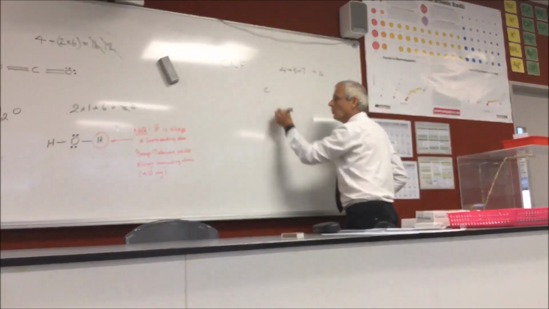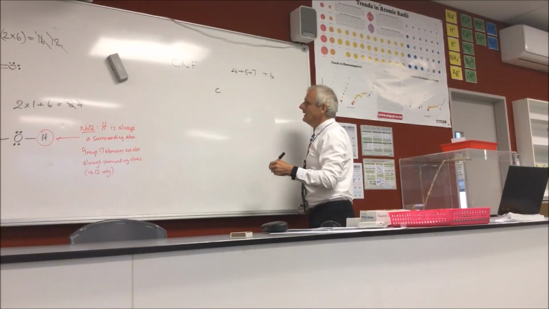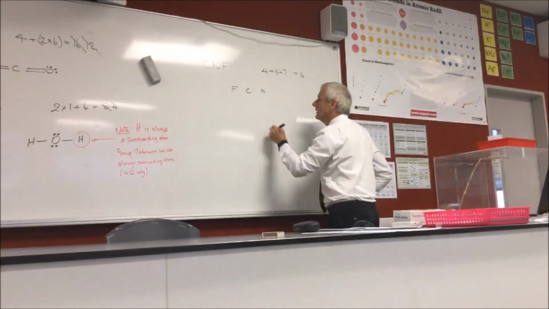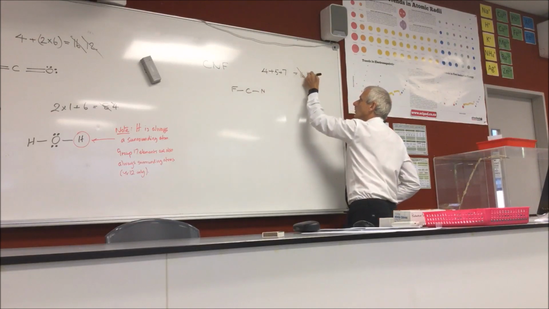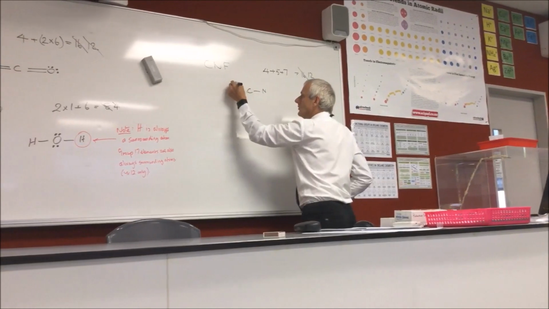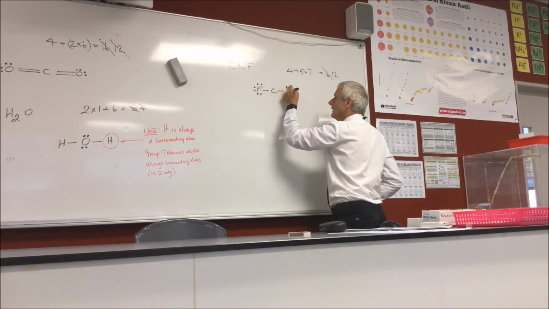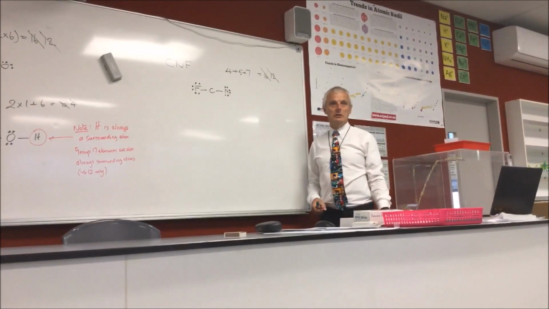Carbon. Carbon's always in the middle. Always. Okay. So we're going to put F and N. Okay. So put one there, one there. That goes down to 12. 1, 2, 3, 4, 5, 6, 7, 8, 9, 10, 11, 12. Gone. Now what do I do?